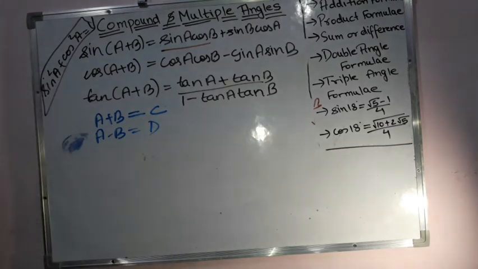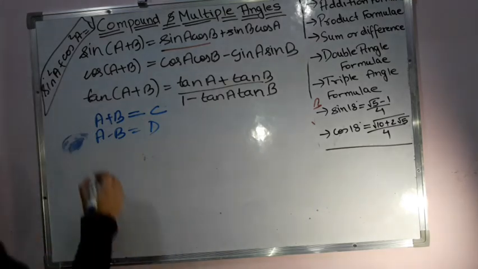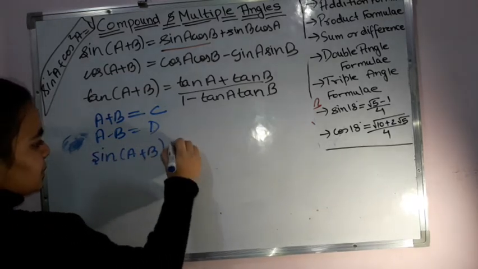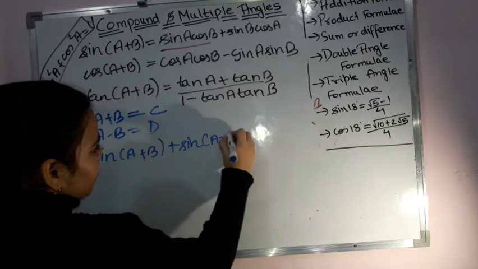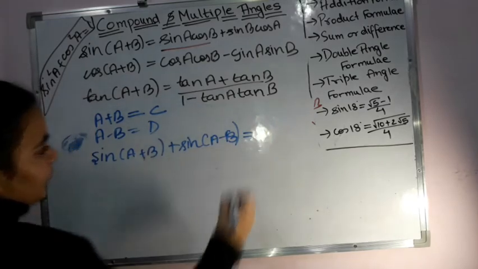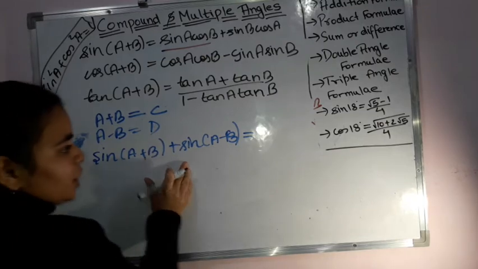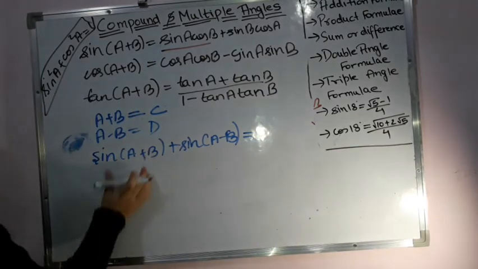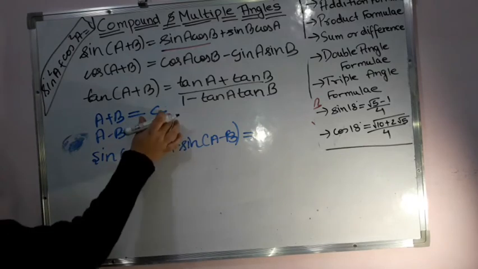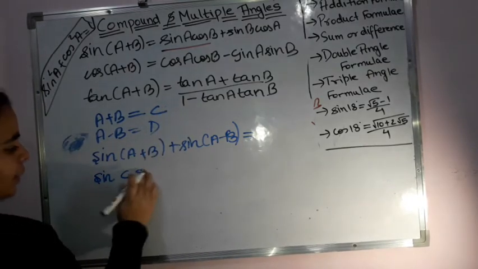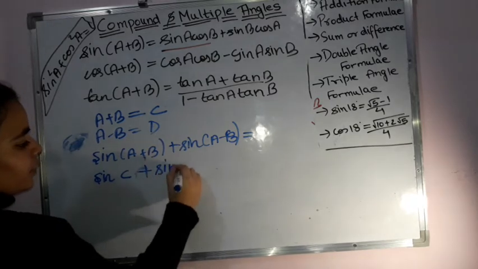That means if I say sine of A plus B plus sine of A minus B simply, then that is the sum or difference. This has to be changed into the product form. In place of A plus B, can I write C? Yes, so I can write sine C, and this is plus sine of D.